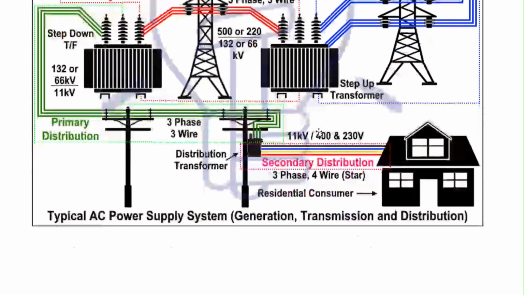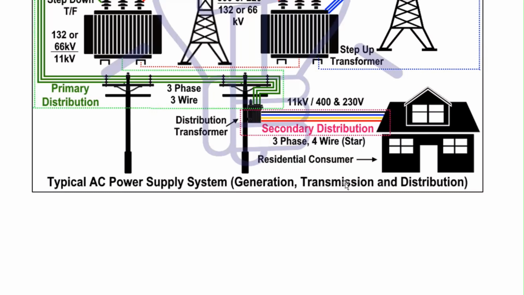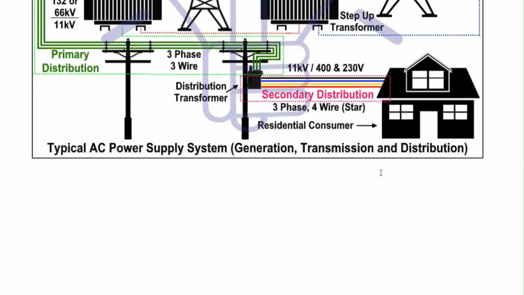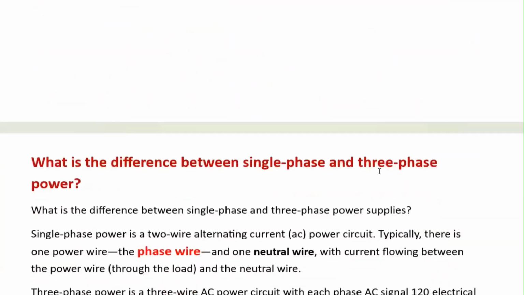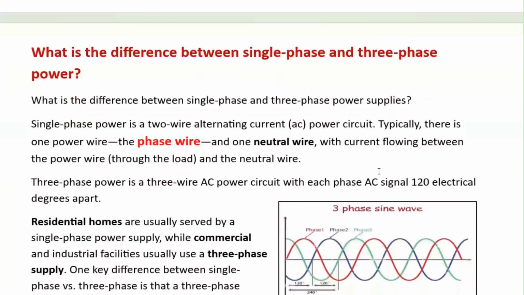So three-phase voltage is distributed at the level of 415 volt, and domestic supply or the lighting supply is distributed at 230 volts. Of course, a three-phase four-wire system is used for three-phase power supplies, and a two-wire supply is used in the case of single-phase supply. So in the case of single-phase supply, you have a two-wire system.